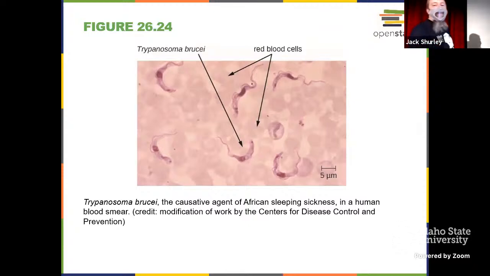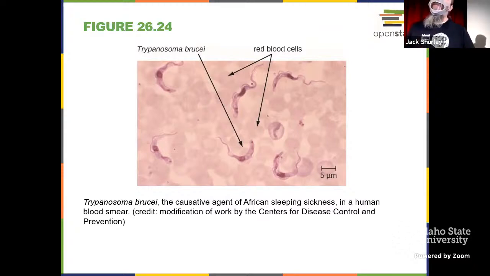This next one, Trypanosoma brucei, really there's a handful of different subspecies of Trypanosoma brucei. The three subspecies that we think about, if you looked at them under the microscope, you wouldn't know who you were looking at. They're all morphologically the same.